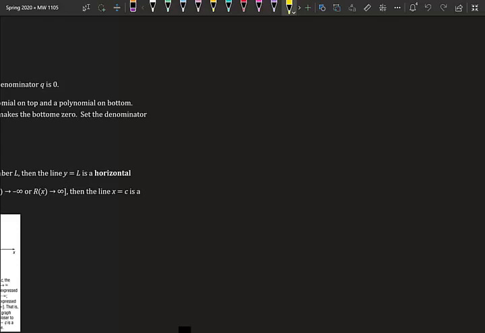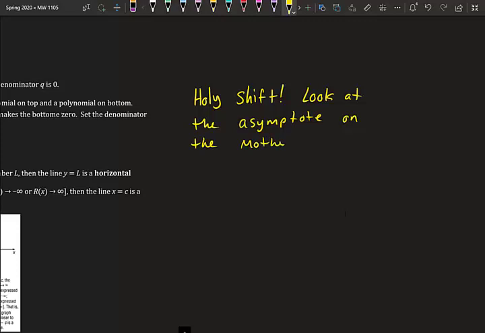So this is what my shirt says, and it has like a graph on it and everything. So it says this. Alright, so that's what it looks like.